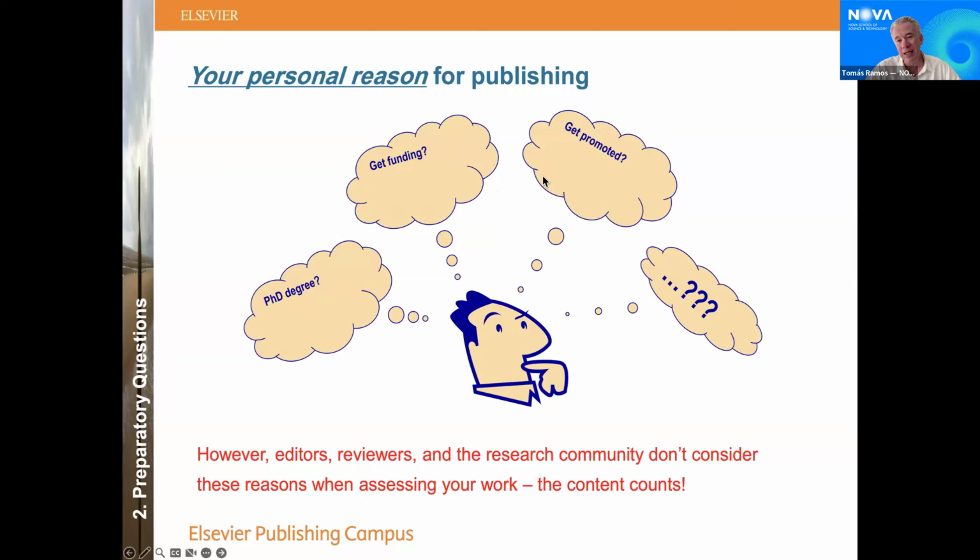And of course, to get promoted, not only in academia, one of the important pillars is related to publications, along with many other things like supervising projects, teaching, and more, but also very much related to publications.